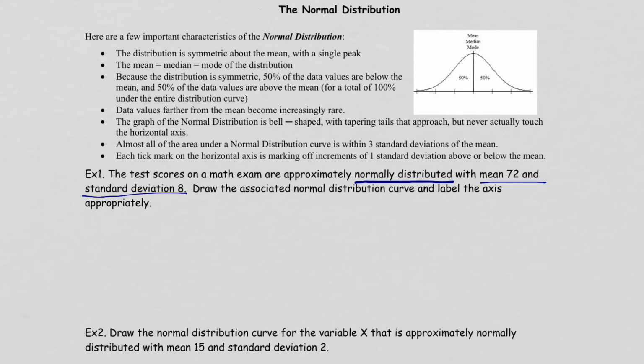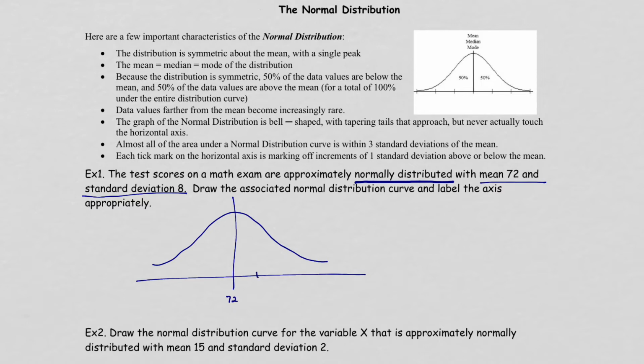And we should be able to draw the normal distribution graph. So let's say this is the normal distribution, and this is the mean, and your mean is going to be 72.